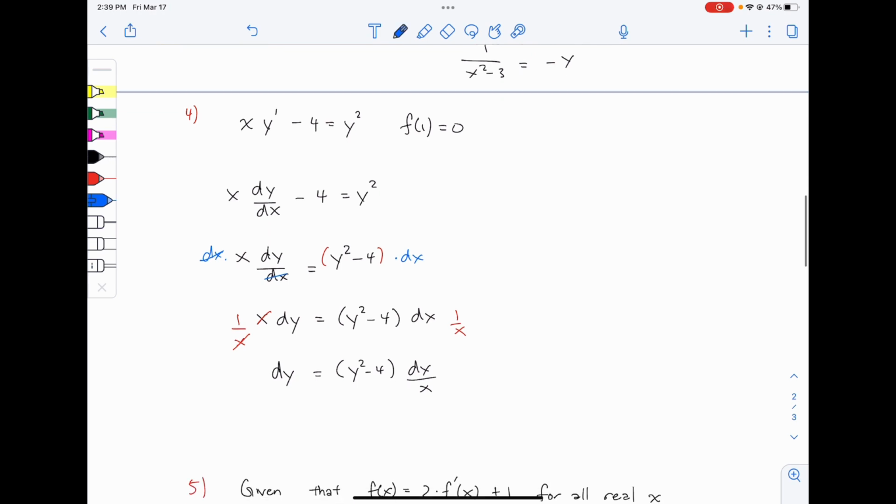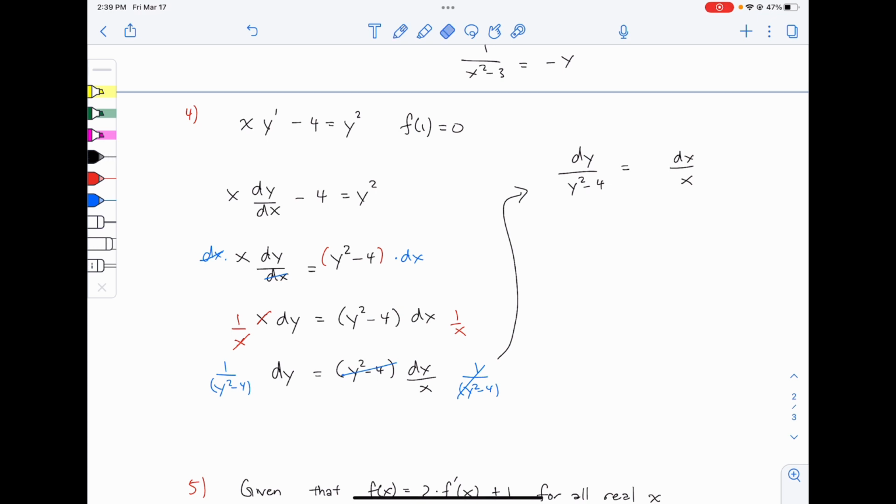And then the last thing I'm going to do is multiply by 1 over y squared minus 4 onto both sides. These cancel out. And in doing that, I now have dy over y squared minus 4 is equal to dx over x.